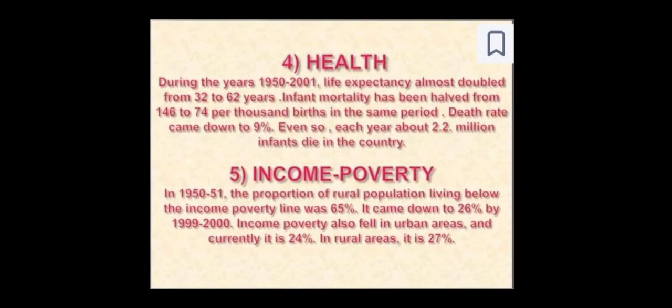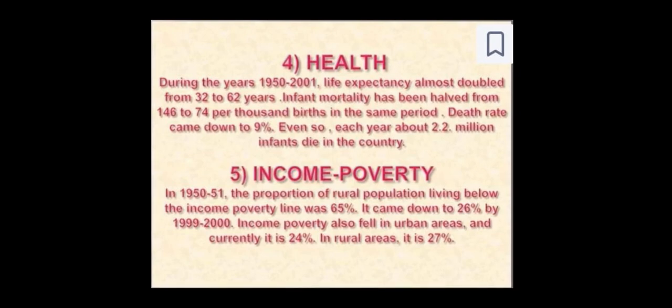Health. During the years 1950 to 2001, life expectancy almost doubled from 32 to 62 years. Meaning in 1950, our life expectancy was 32, people died up to age 32, but we have almost doubled it to 62 years.